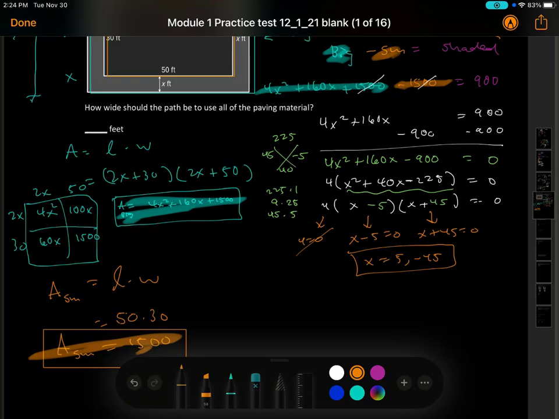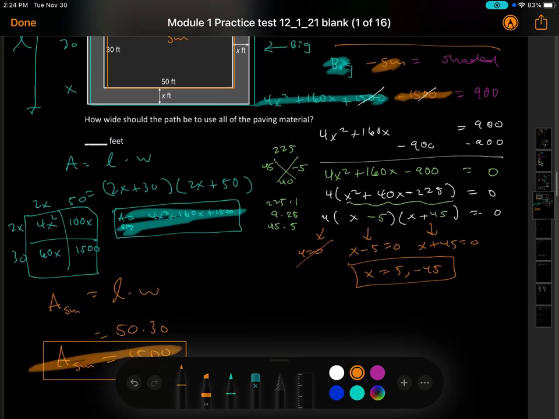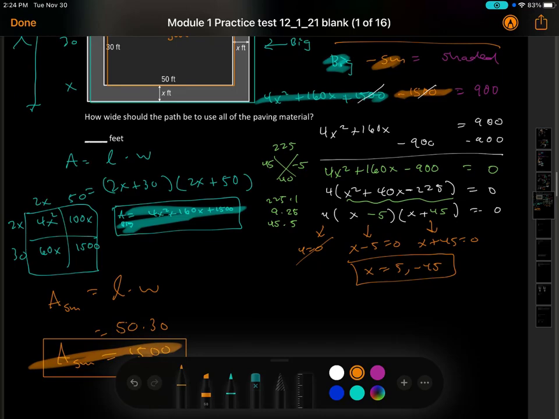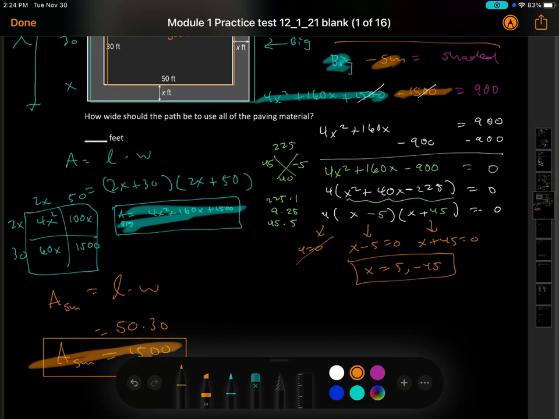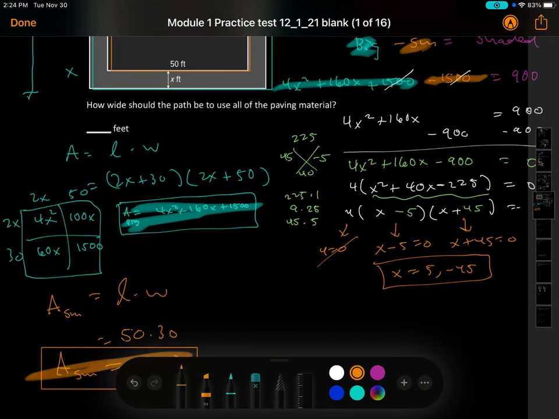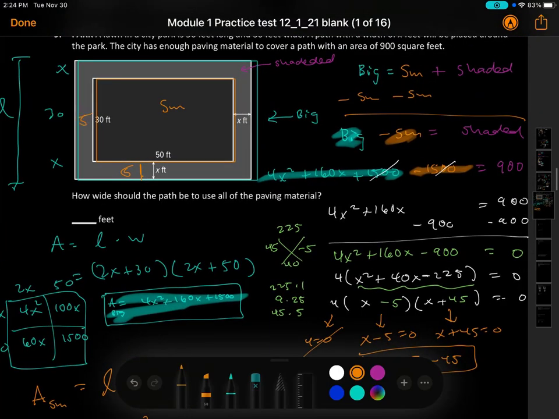So if you put in 5 in here, watch what would happen. If you expand it 5 feet each direction, this would allow you to use the 900.